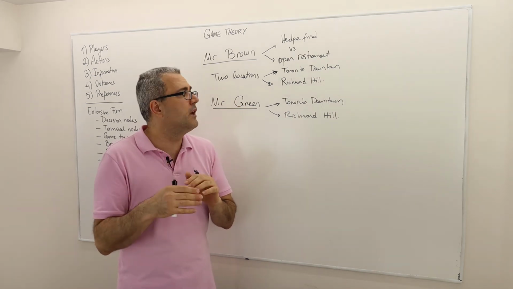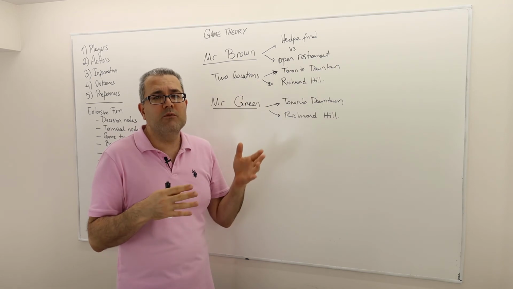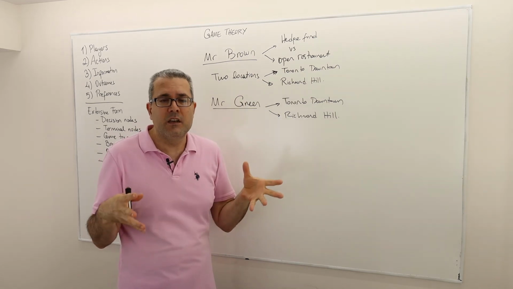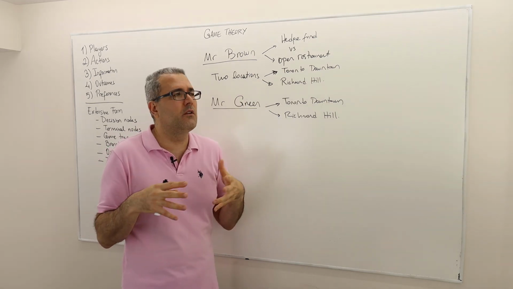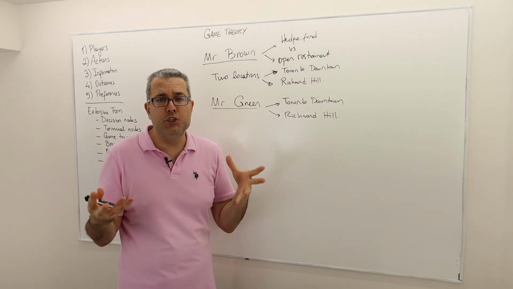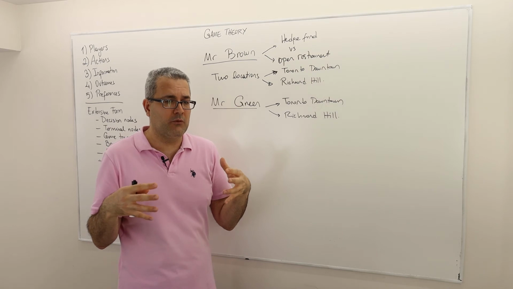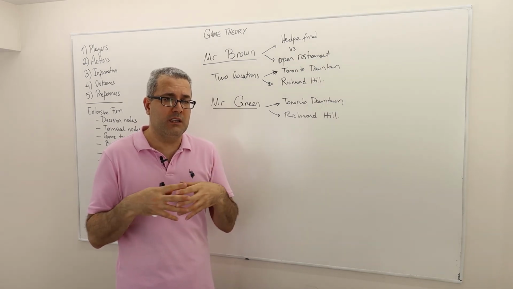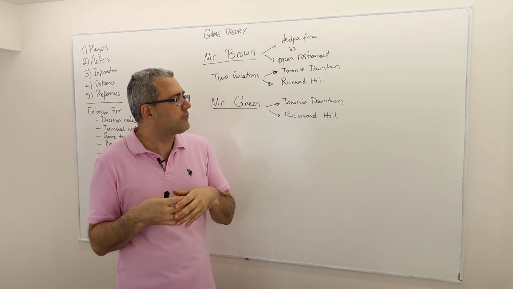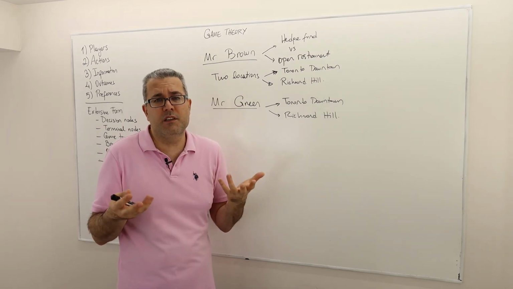But the problem is Toronto downtown is a denser environment, right? And so there are more potential consumers there. And hence, opening a restaurant in Toronto downtown is more profitable. It's a better business. Richmond Hill, however, is a suburb, right?